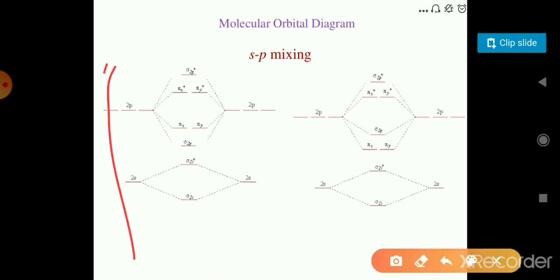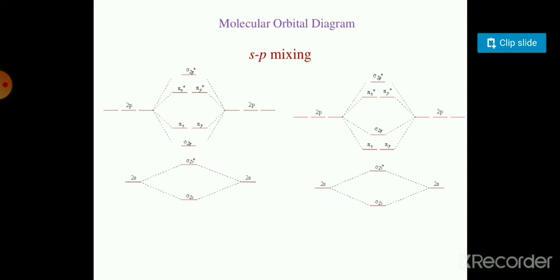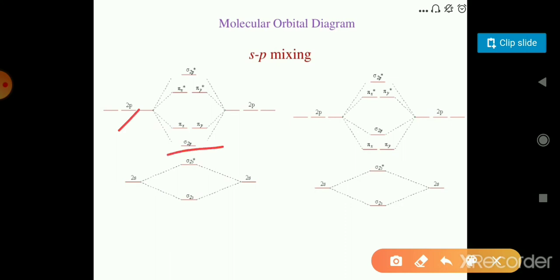You can put the energy here, and this is the 2s and this is the 2p of M.O.s. Now you can see in this diagram for the 2s orbital the bonding and antibonding here, and for 2p you can see the bonding for the pi and for the sigma, and the pi antibonding and sigma antibonding.